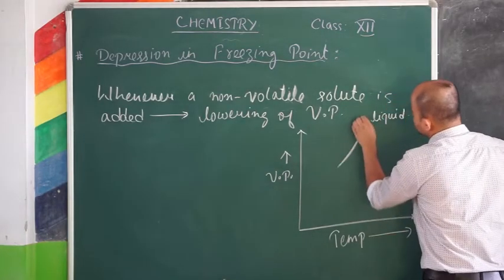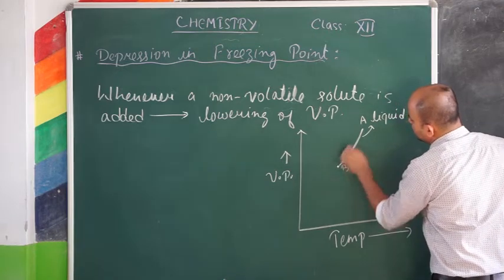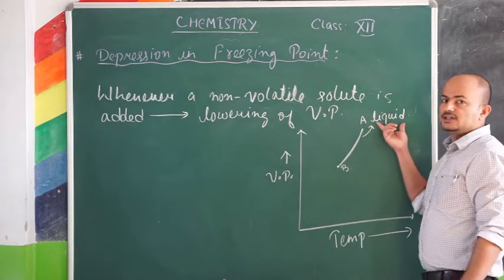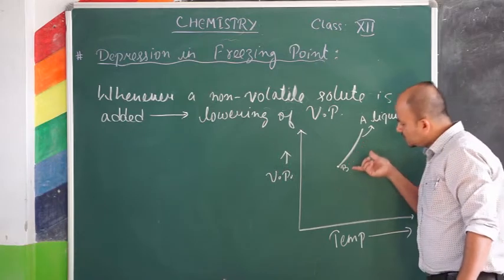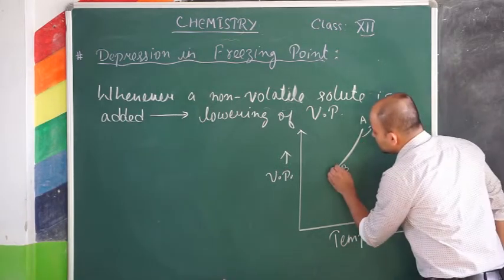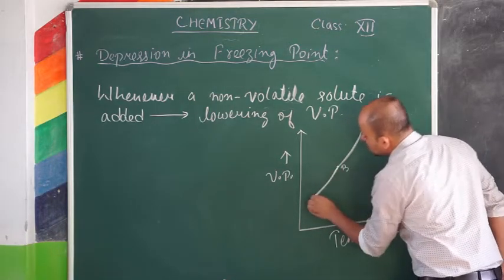So this is point A, this is B. From A to B, this pure liquid solvent will stay in the liquid state. If we further decrease the temperature, it will exist in the solid state.